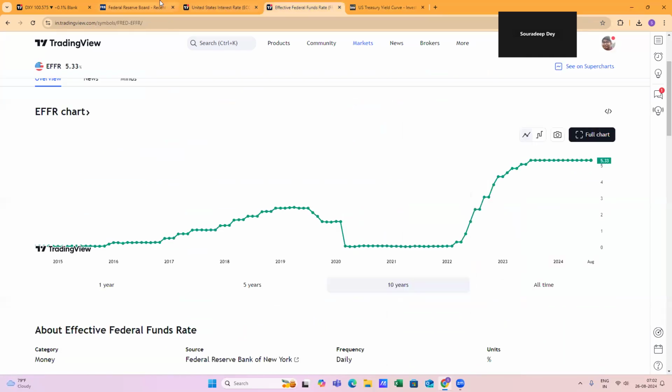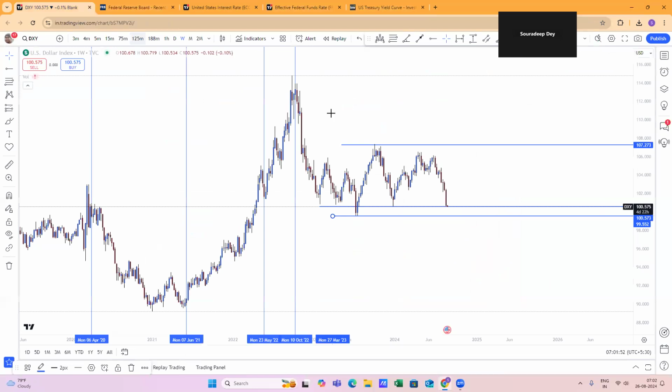So as the Fed was nearing, because the market always anticipates the next phase of the cycle, and as soon as the market understood that the Fed rate hike cycle is coming to an end and possibly inflation was moderating a little bit, the strength in the dollar index actually gave in.